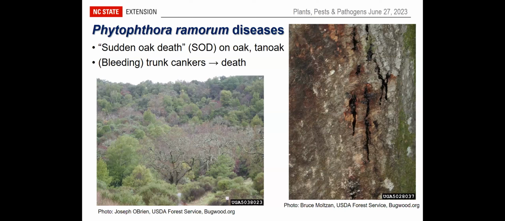This has done a lot of damage out in California, causes trunk cankers that may have a dark or reddish exudation, kind of a bleeding canker look, that can eventually lead to the death of these trees. It's not really always sudden though.